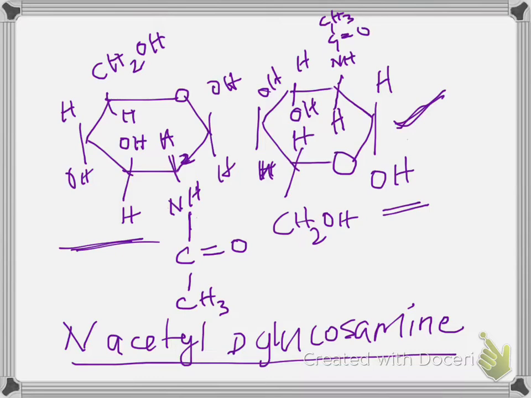Let us see: this is the first carbon, this is the second, third, fourth, fifth and sixth carbon in this molecule. In the second structure, which is inverted, this is the first, second, third, fourth, fifth and sixth.